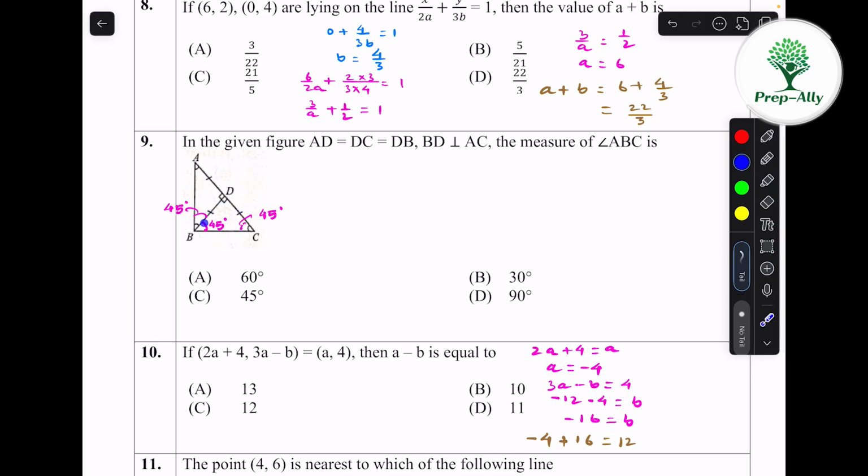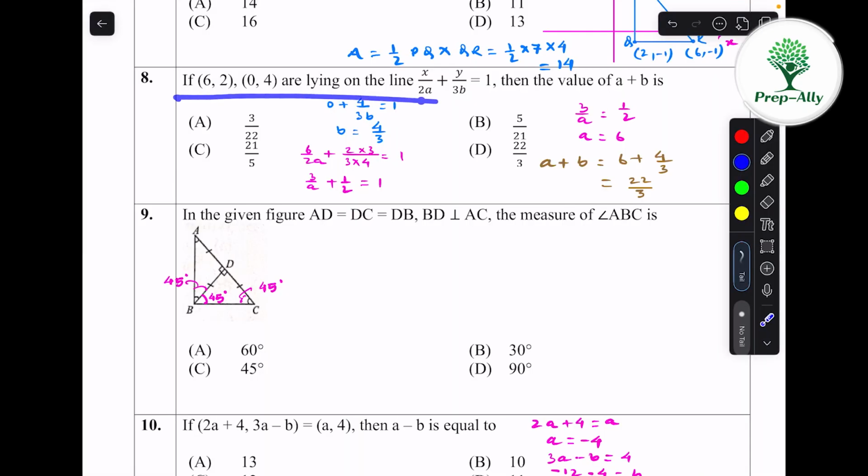So definitely this angle and this angle will be equal because this equal to this, right? So it is 90, so definitely this will be 45, also 45, right? Similarly, it is 90, so this equal to this. So definitely it is 45, also 45, right? So this is 45 degree, also 45 degree. So this angle will be 90 degree.